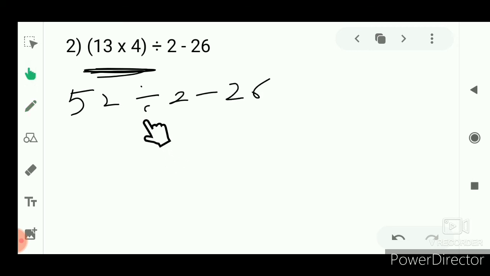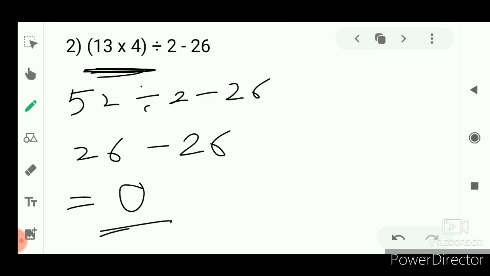Now here are division and subtraction. So which operation should we carry out first? Yes, division. So 52 divided by 2 will give 26, minus 26. Okay, so it will give 0. 0 is the answer of this question.